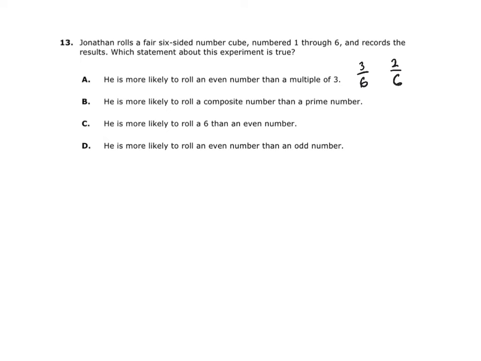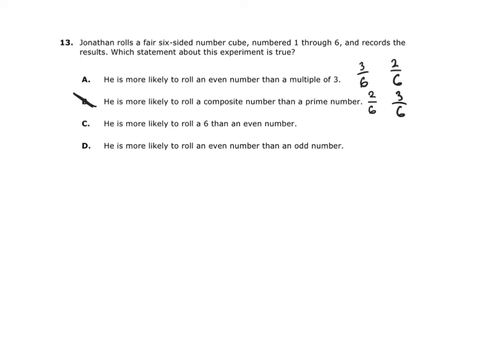And then the prime numbers we learned earlier, that would be 2, 3, 5, and that's it for a number cube. Okay, so composite number would be 4 and 6. That's 2 out of 6 total. The prime numbers are 2, 3, and 5, so that's 3 out of 6. So that's not correct because composite's less than the prime.